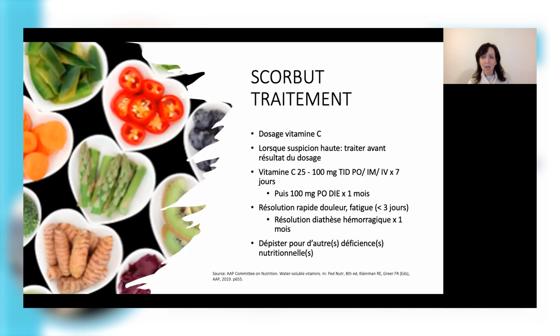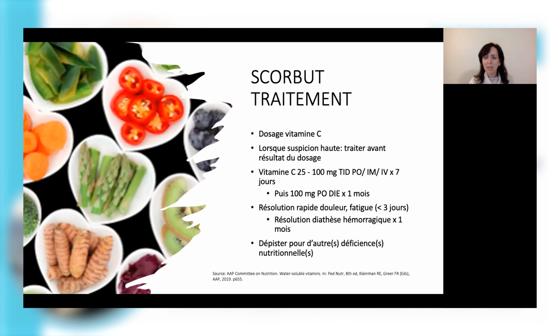It's that quick. The anemia and hematological disturbances take a little bit longer, but the bone pain resolves really quickly. So within 3 days, this child who had not walked in a month was back on the table dancing. Even though I didn't have my vitamin C level, it was clear that it was vitamin C.